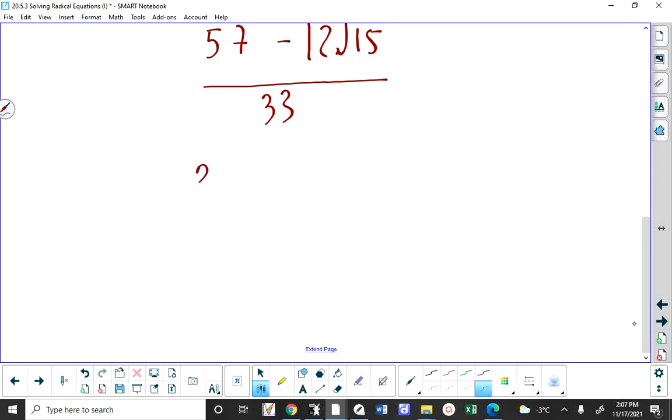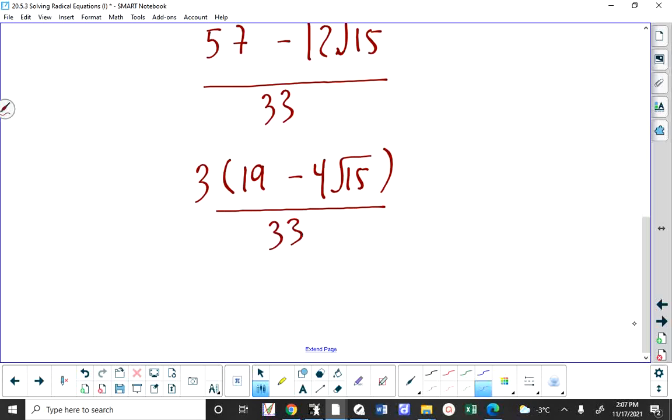57 divided by 3. So I'm factoring the 3 out, and I have 19 minus 4 root 15 left. This is over 33. And I'm actually not going to write 33. It's over 3 times 11. You do not have to write this if I gave this to you on a quiz, say.